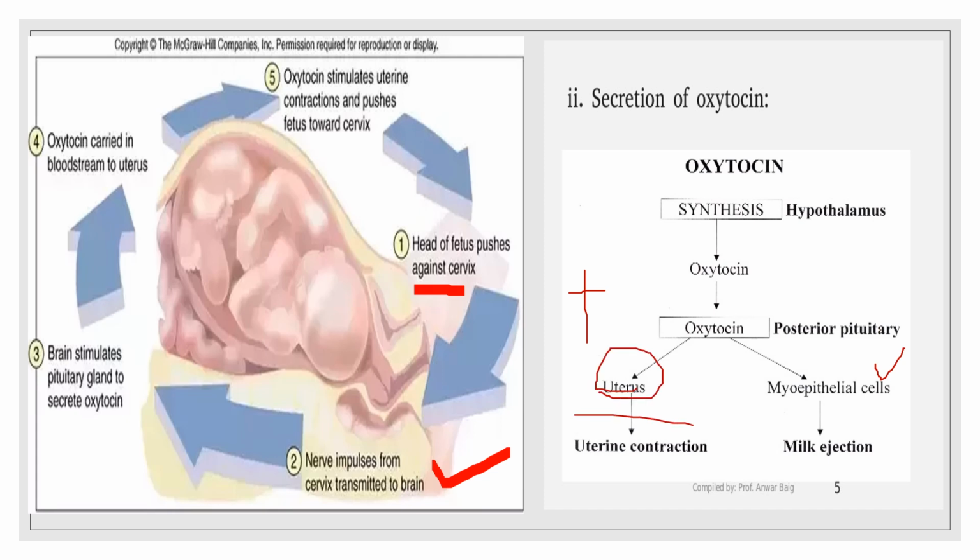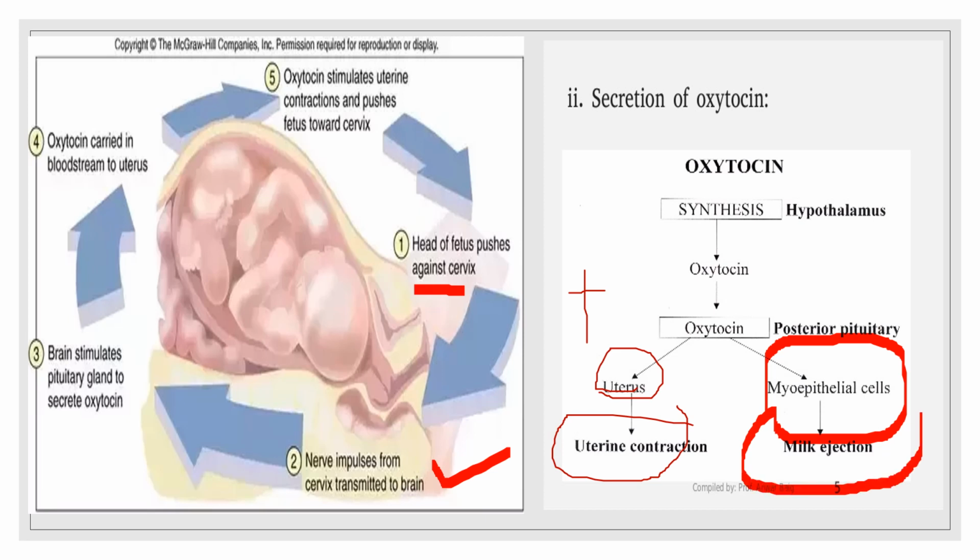In addition, very importantly, it causes contraction of the myoepithelial cells of the breast and causes milk ejection, because once the baby is delivered, milk is the only food that is required for the baby. So in addition to increasing the contractility of the uterus, it enhances the milk ejection reflex. How it does this, we will read in the next section on lactation.